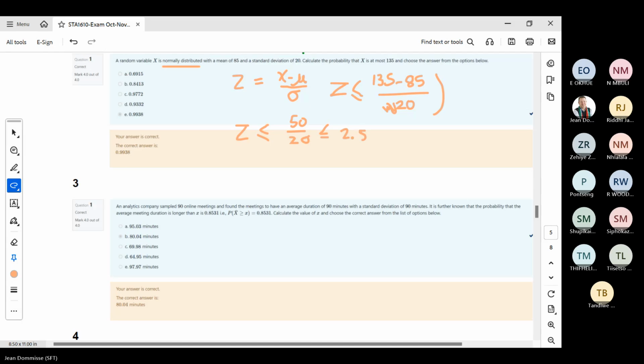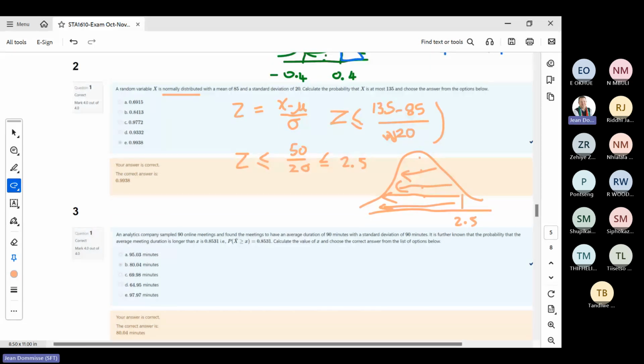So the probability that Z is smaller than 2.5. Okay, so again, one can look at the tables. First, what I notice is it's already bigger than 0.5. So let's look at answers bigger than 0.5.